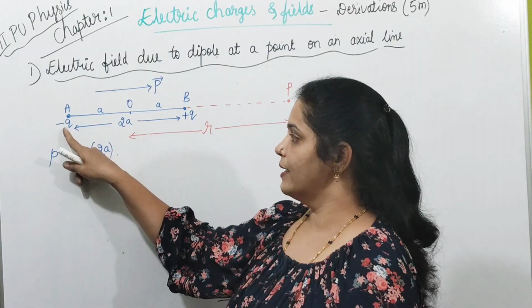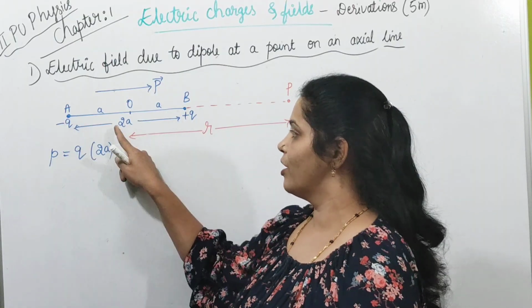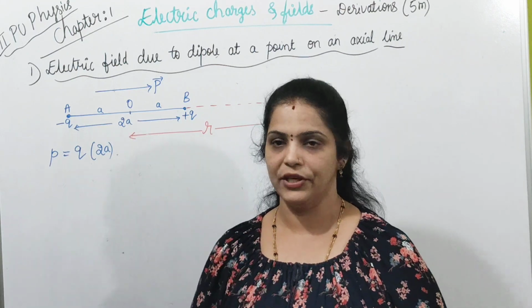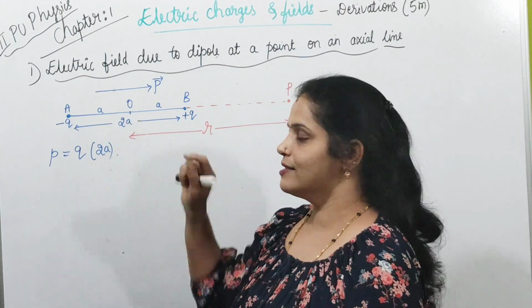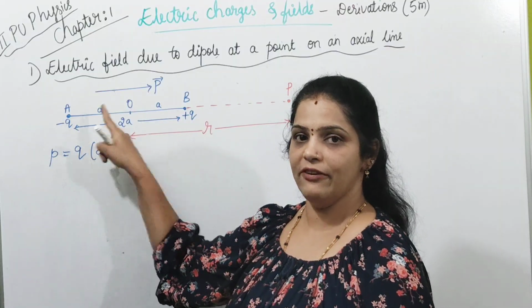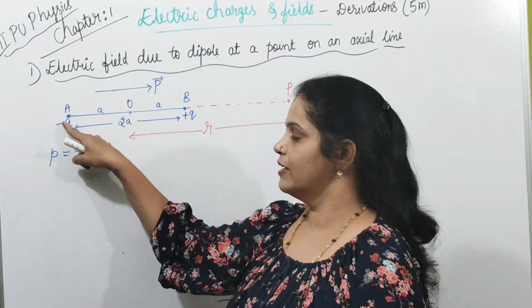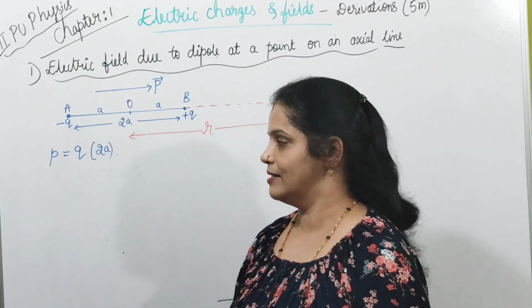Let us consider minus q at A and plus q at B. They are separated by a small distance, let it be 2a. So if O is the center of the dipole, both the charges are at a distance a from the center. Small a is the distance of each charge from the center.